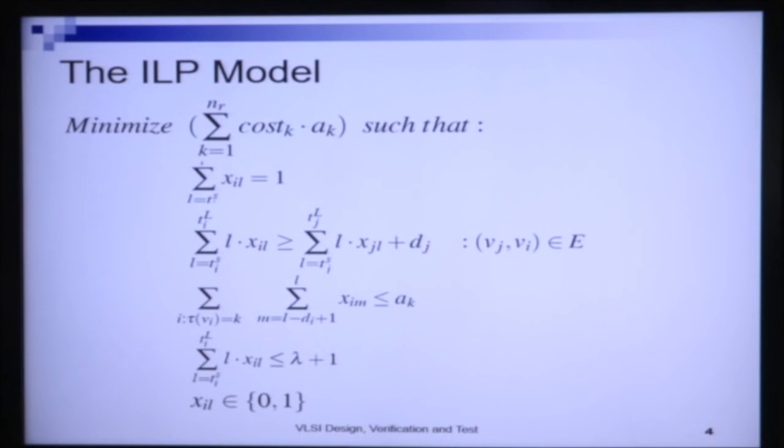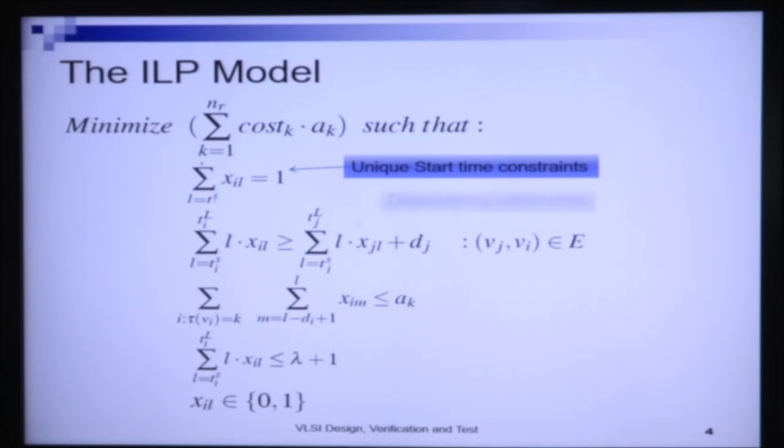The objective function attempts to minimize the total area of the circuit such that the operations can be scheduled within the time constraint lambda. The first constraint specifies the unique start times of all nodes, as we have seen in the last lecture.